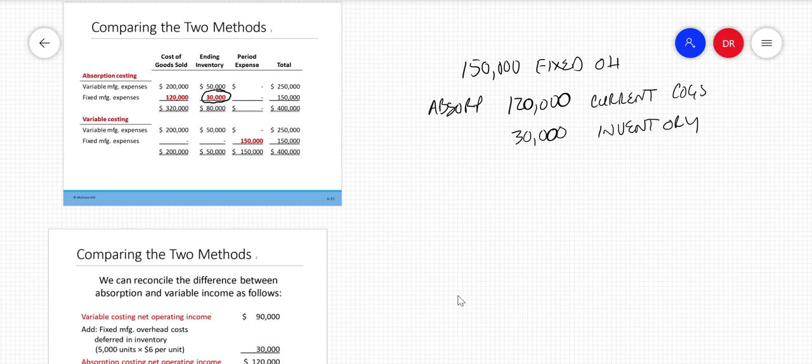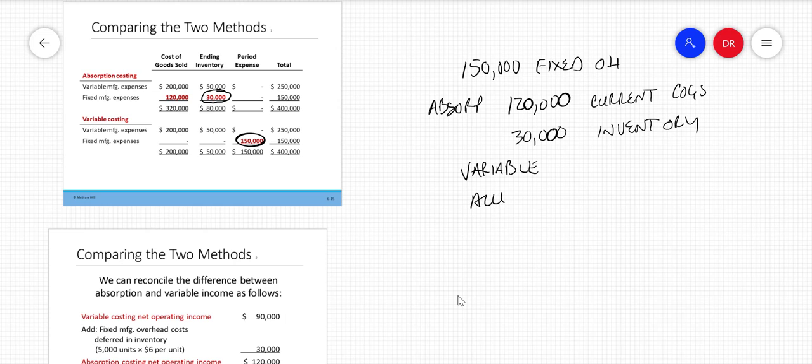If we're looking at variable costing, we're not even going to deal with this as a part of the product cost. We're going to put it over here as period cost. So no matter what, it gets charged against income, right? So in variable, you always charge all fixed overhead against income.